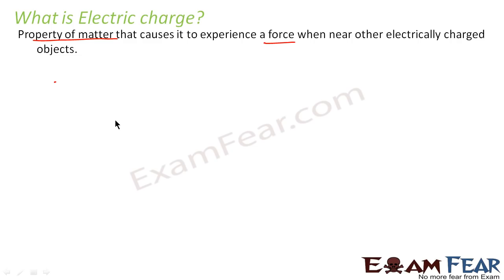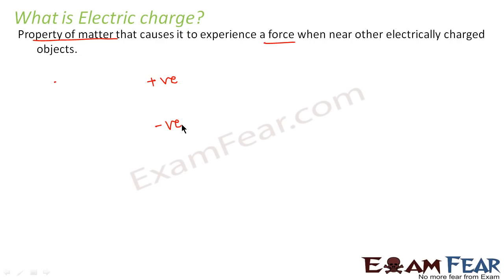So electric charge is categorized into two broad categories, positive charge and negative charge. Long back, when the concept of electric charge was discovered, it was found experimentally that two kinds of charges exist. So conventionally they named them positive and negative.